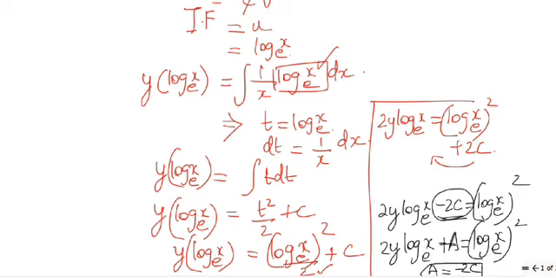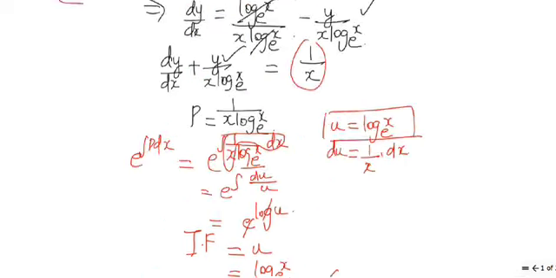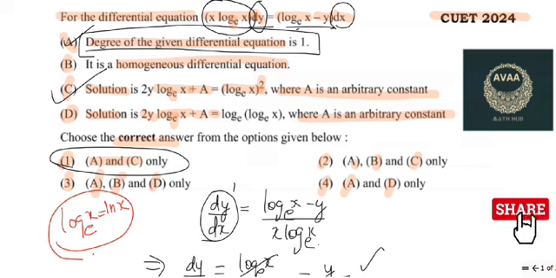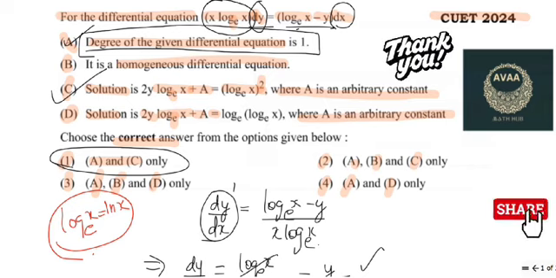An arbitrary constant can be negative or positive, by our assumption. So in order to match with the option, I am writing a to be minus 2c. This is assumed as a, so now it's matching with option C. So A and C only match, and that is the right option. Hope you are able to follow. Thanks for watching. Happy mathing.